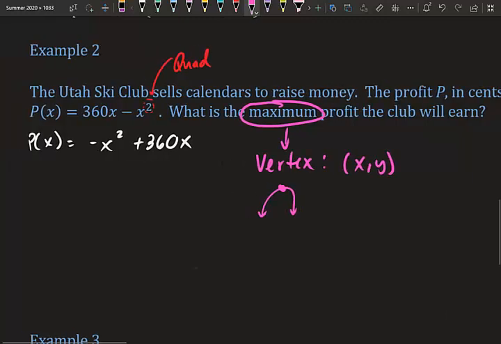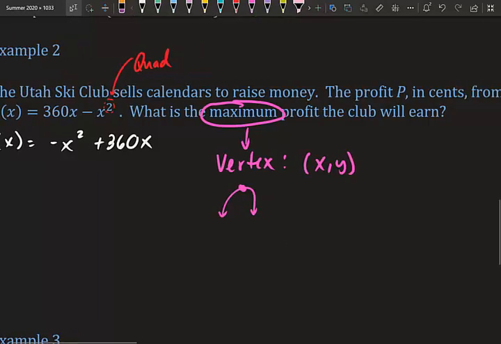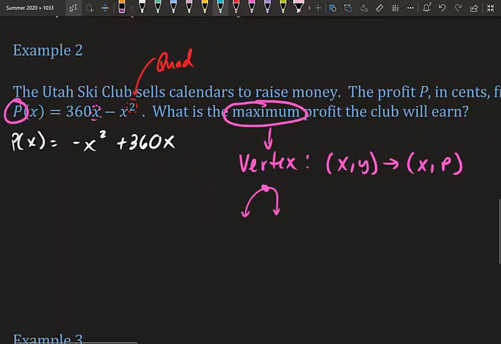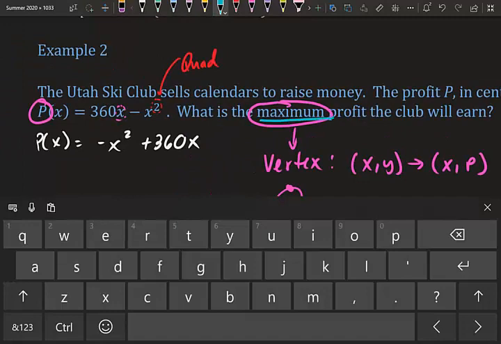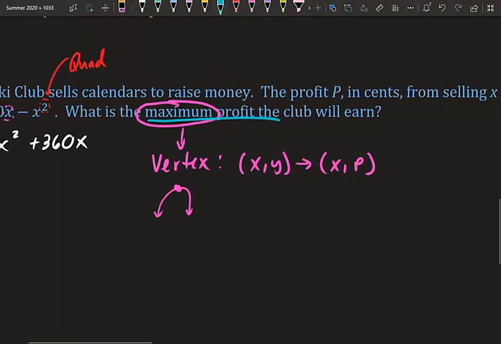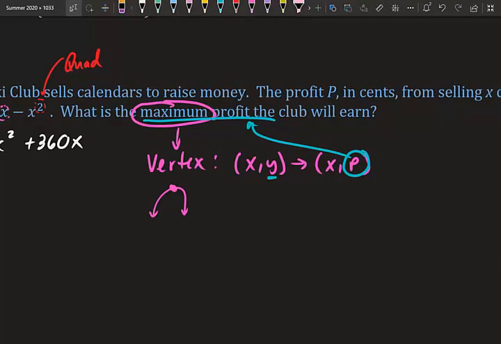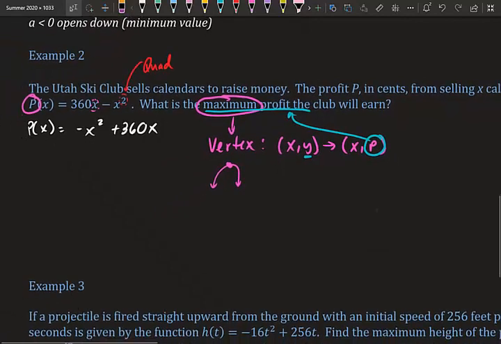But in this problem, they're not using x and y. They're using x and p. Because x is the variable given, and then that's p. So if we want to find the maximum profit, we're looking for the p of the vertex, also known as the y of the vertex.